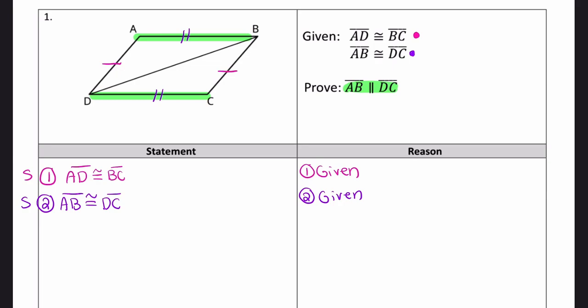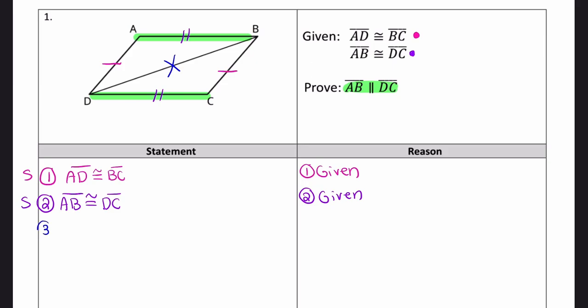Now at this point, you may not really be sure how to prove that they're parallel, but you should recognize that you can get the triangles congruent, right? And our goal should always be to get the triangles congruent, because once you have the triangles are congruent, the possibilities are endless. And you can prove them congruent using the reflexive property, right?